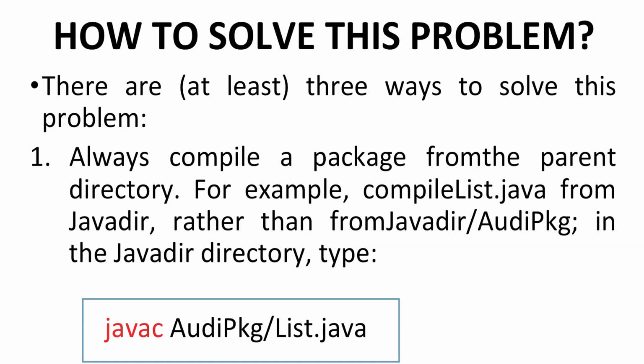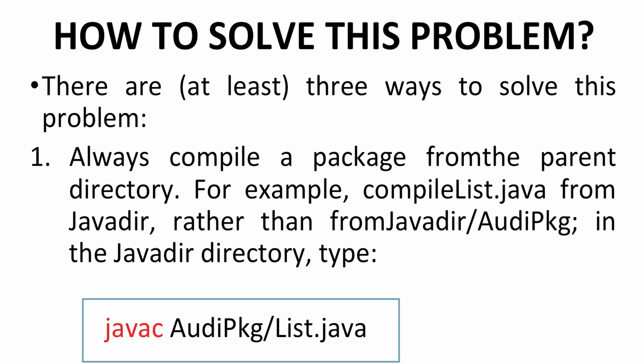Now, how to solve this problem? There are at least 3 ways to solve this problem. First one is always compile a package from the parent directory. For example, compile list.java from javadir rather than from the javadir/audi package directory.